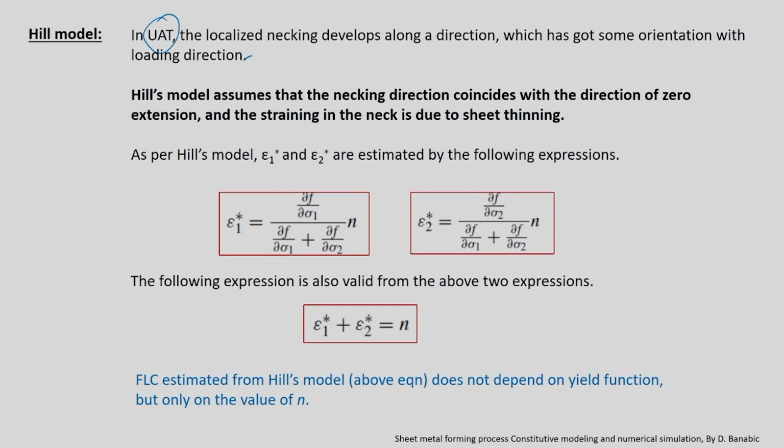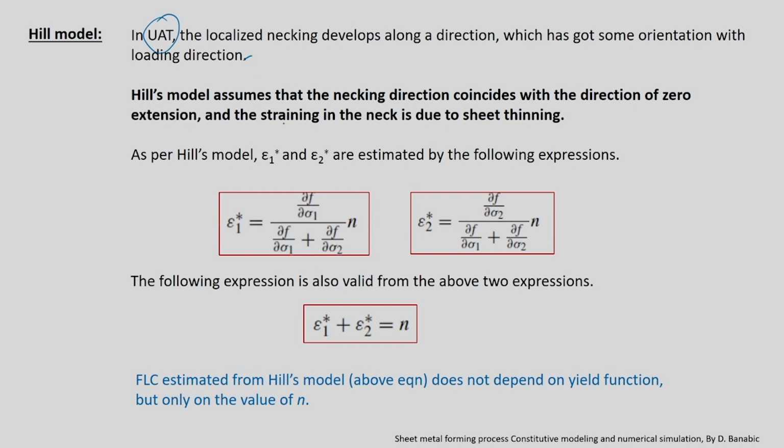That is why there is a difference between experiments and the maximum tension line on the right hand side of the forming limit diagram, correct? At that time we showed that there is a definite theta for the uniaxial mode of deformation. We put alpha as one particular value and then we got theta. Similarly we did it for plane strain also. So localized necking develops along a direction which has some orientation with the loading direction.